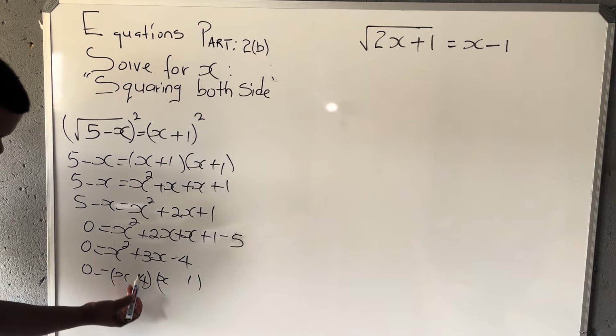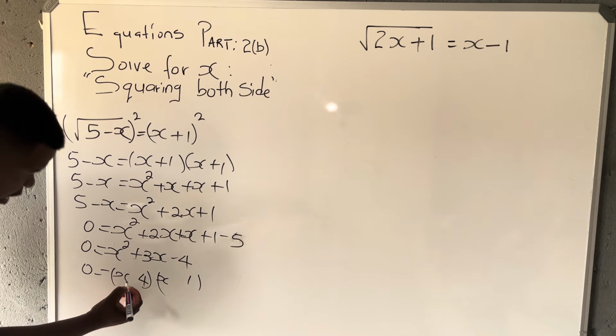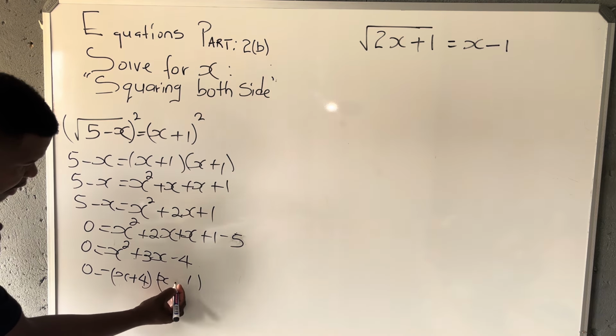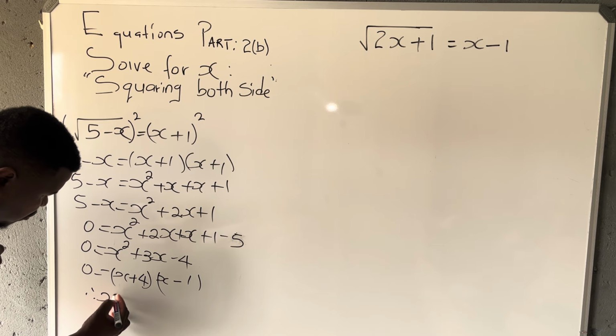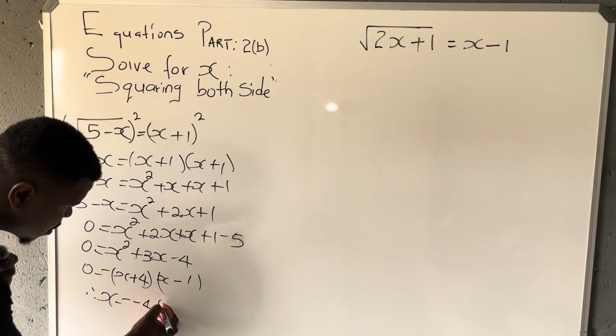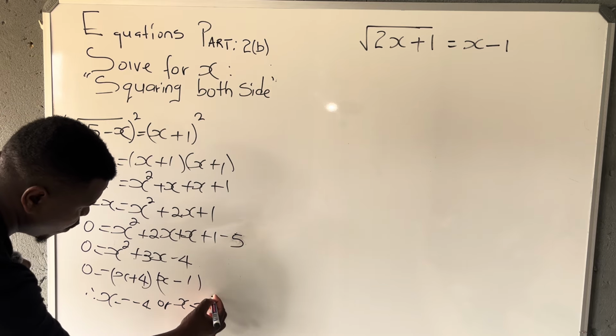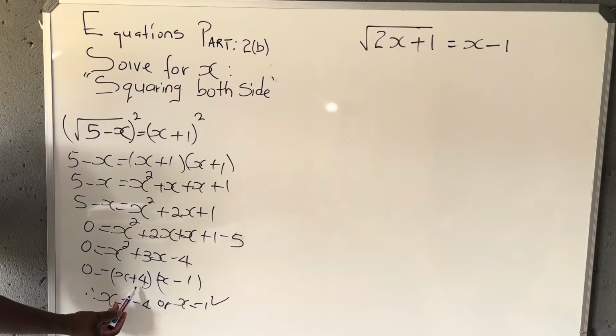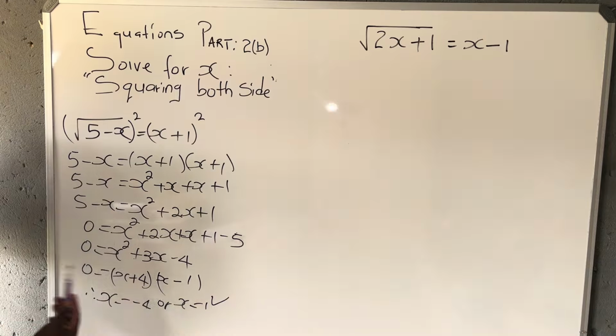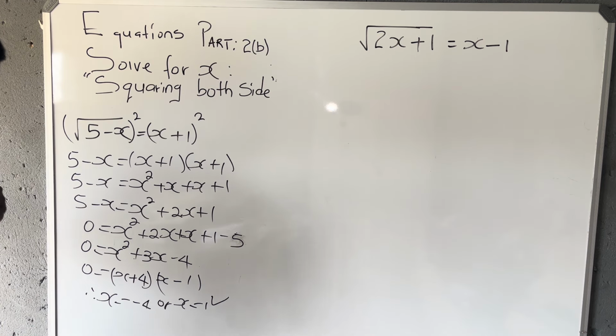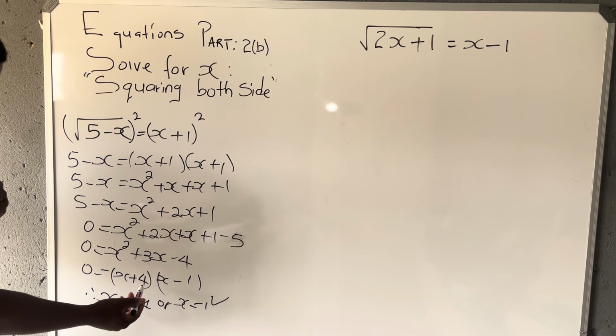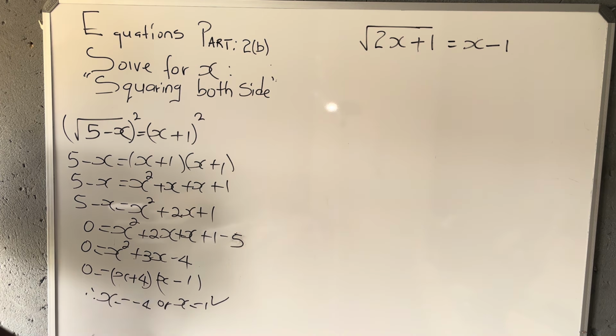Since my middle term is positive 3, I must put positive there and negative there. That means my x will be negative 4, or another x will be 1. We are always guided by the middle term to choose where to put positive and where to put negative, making sure the bigger number takes the sign of the middle term. That's what we did here.